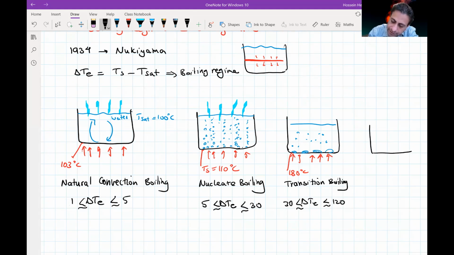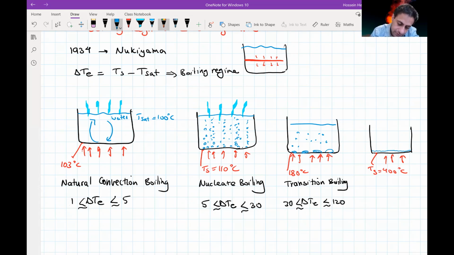And if we further increase the temperature of this surface to, let's say, 400 degrees C, then what we are going to see is a blanket of vapor forming at the surface.